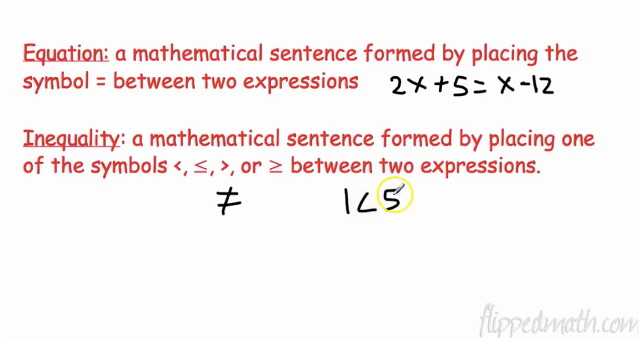The symbol always opens to the bigger number. I like to think it's hungry, it's a mouth, it wants to eat the bigger number. And this can also be written 5 is greater than 1. This is the same exact thing. I could even read it this way: 1 is less than 5.